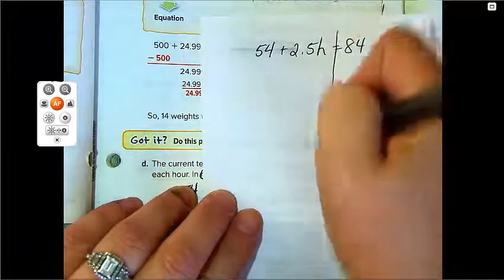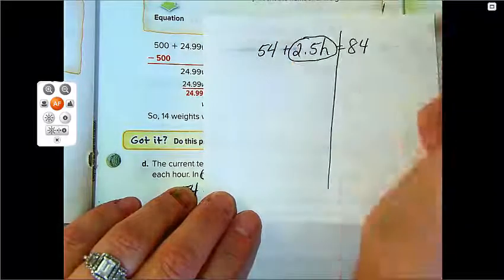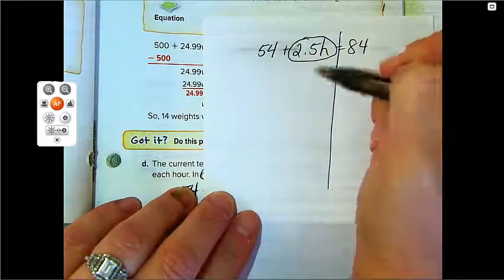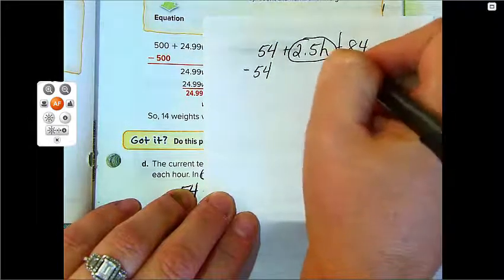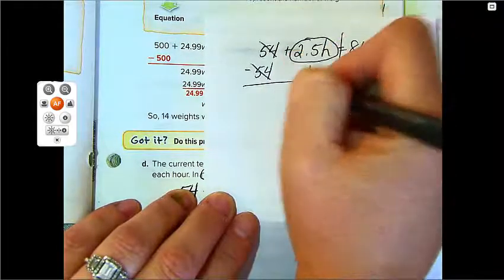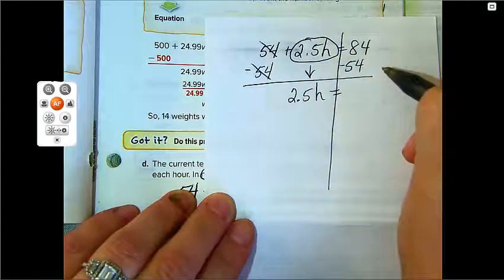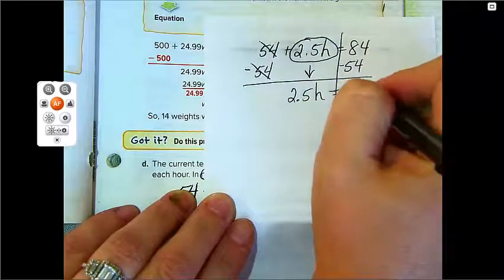Draw your line down from your equal sign, always your first step. Looking at the side with the letter, I want to move everything not connected to the letter, so this positive 54 is not connected. So I want to subtract 54 from both sides. My 54s are gone. I have 2.5h left on this side, and 84 minus 54 is 30.